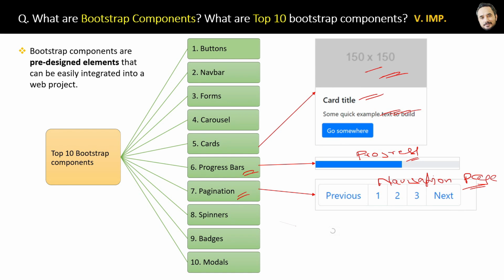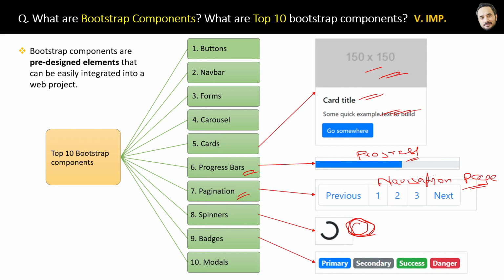Then spinner components are animated loading indicators like this that provide visual feedback to users while content is being loaded or processed. Then badges are there, small visual indicators that can be used to display additional information, like notification count. Great. Last are modals, which I will cover in the next question.